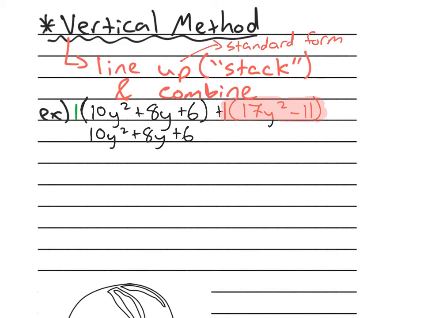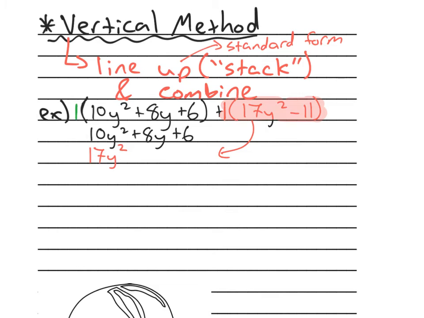So where will I put 17y squared underneath? 10y squared. Very good. I'm going to put it underneath 10y squared. That matches. They're lining up in standard form. The next thing I have to put is the negative 11. Where is this negative 11 going to go? Very good.